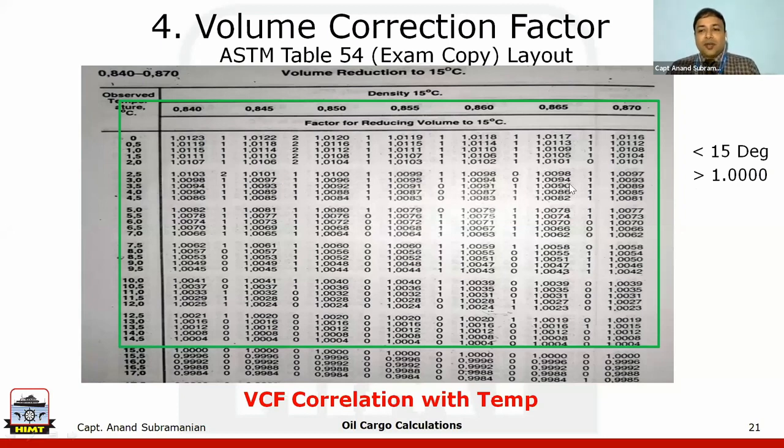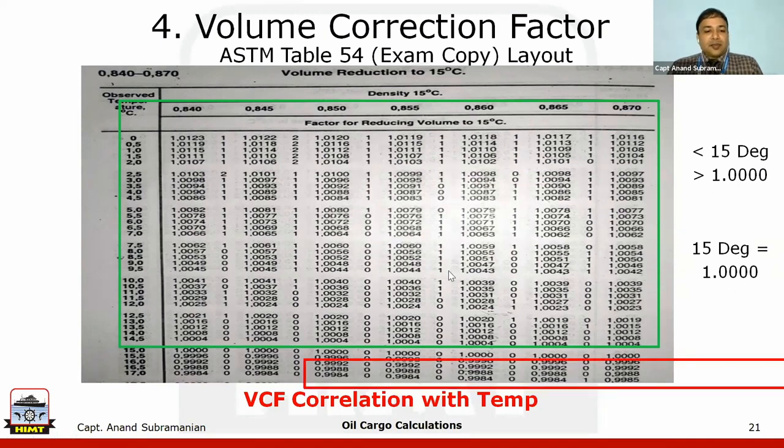So always remember, less than 15, the factor is always more than 1, because you are going to heat up the oil to reach 15 degrees, and the volume will expand. We already discussed that at 15 degrees Celsius, the factor is always 1.